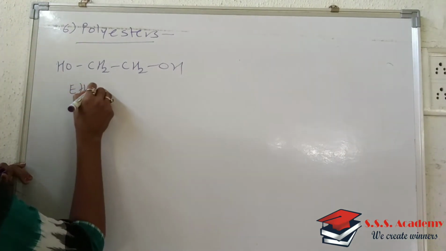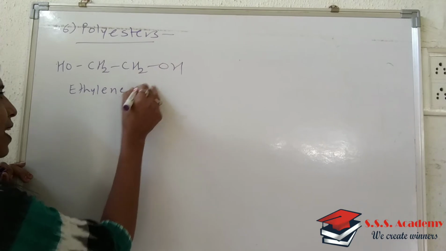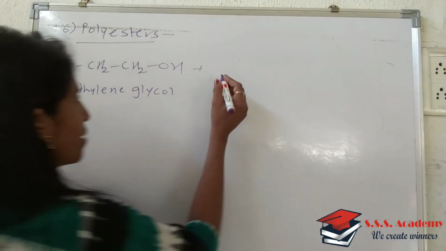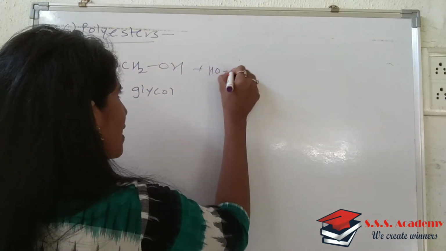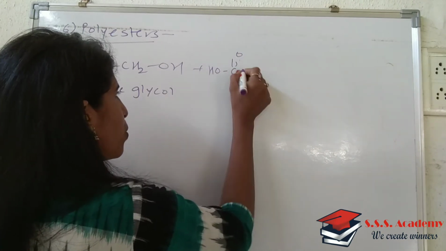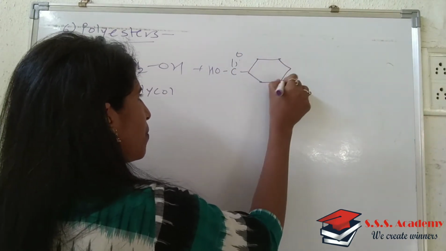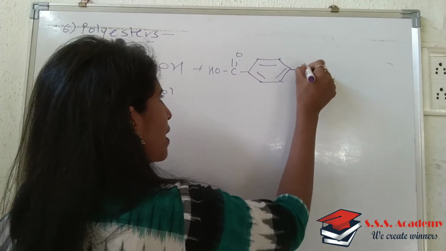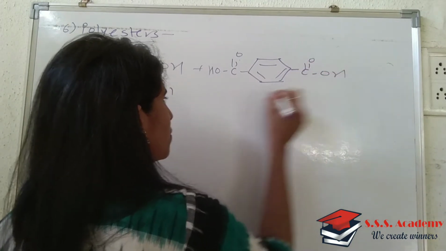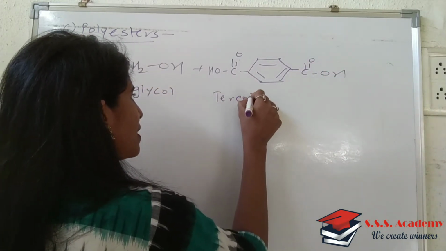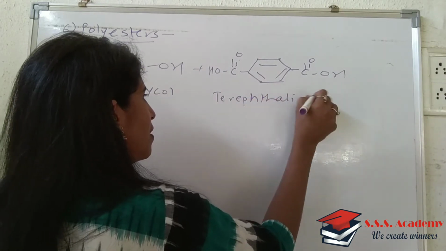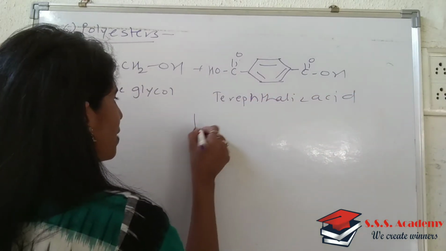Write down its name at the downside: ethylene glycol, plus terephthalic acid. The structure for terephthalic acid is this: C double bond OH, then there is a benzene ring, and again C double bond OH, and the name is terephthalic acid.